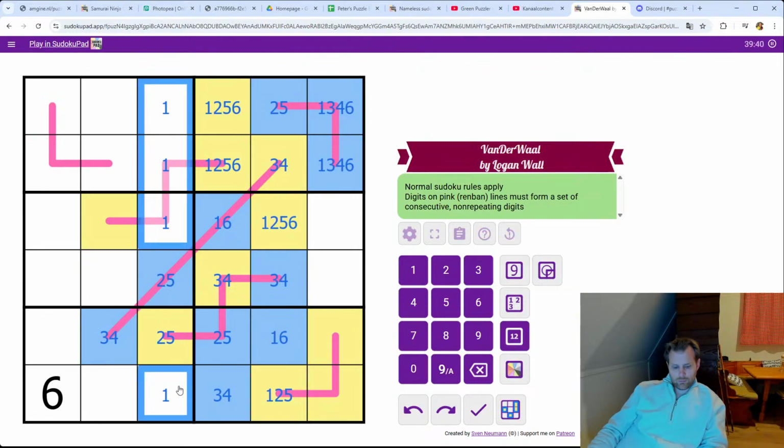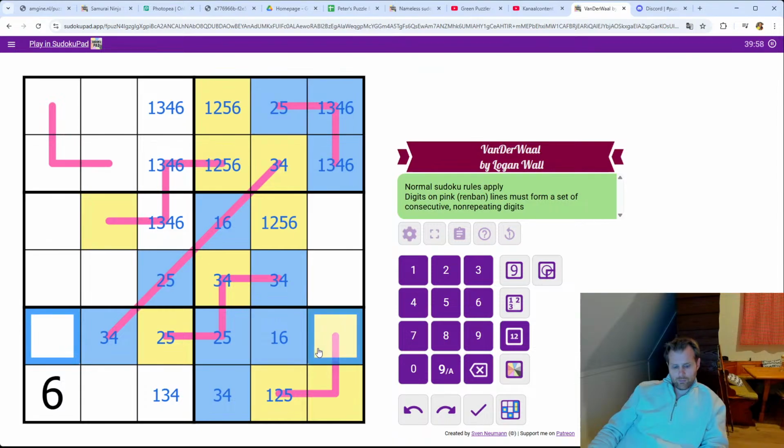This is from 1, 3, 4, 6. This is not 6. This is also from 1, 3, 4, 6.